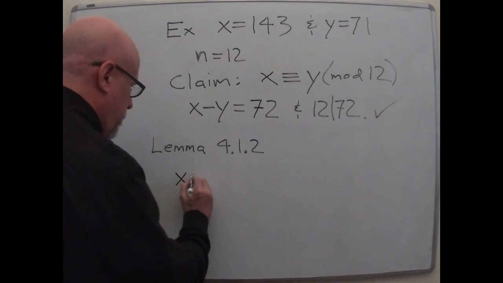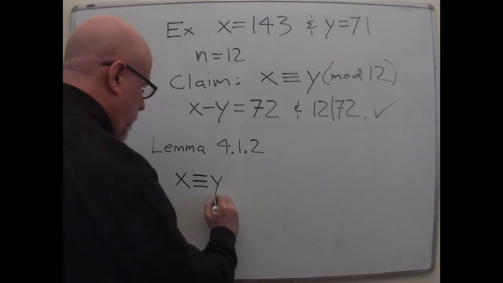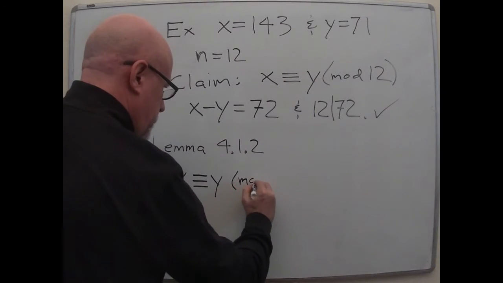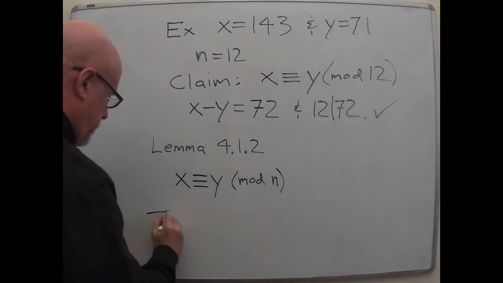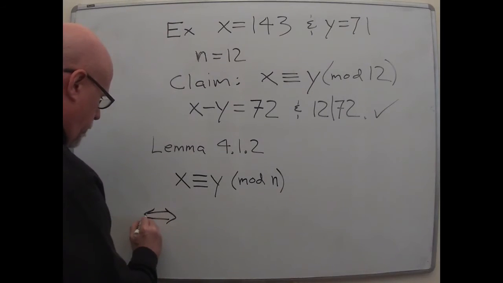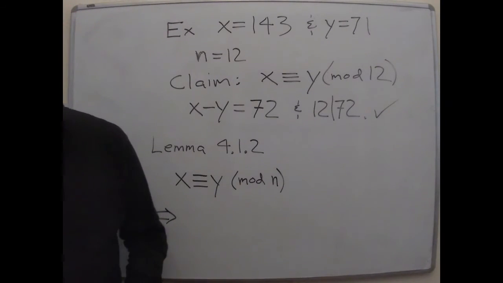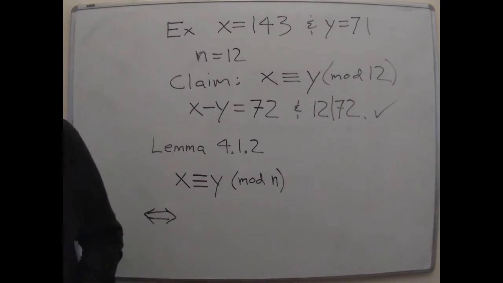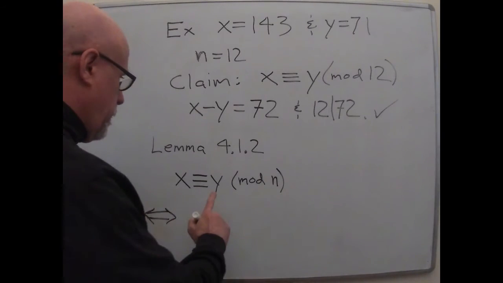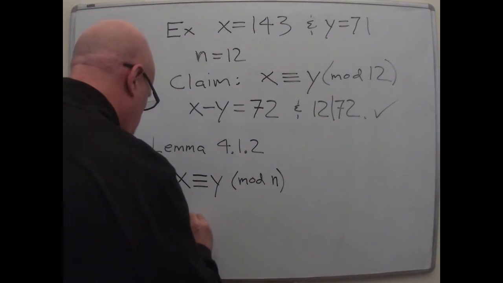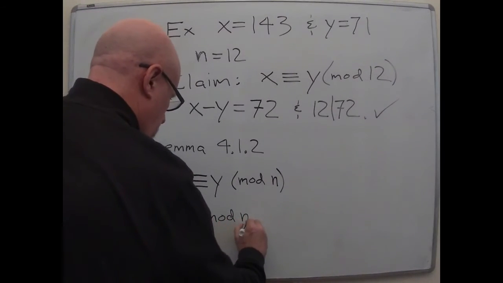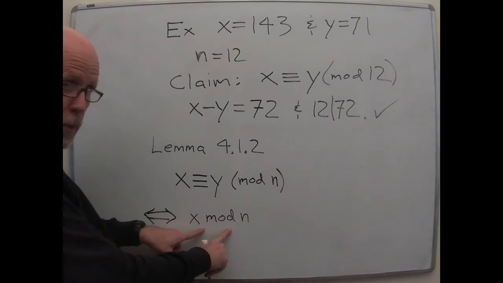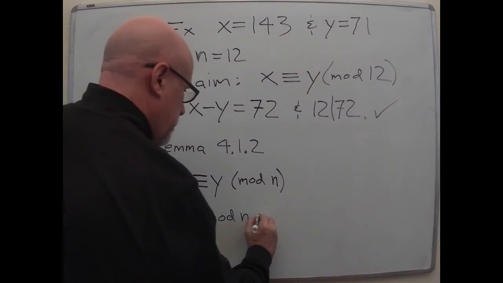Ultimately it's this: if two things are congruent mod n, that means they have exactly the same value for the remainders. Another way to put it is x mod n and y mod n are equal to each other, because that's a way to refer to the remainder when you divide x by n.